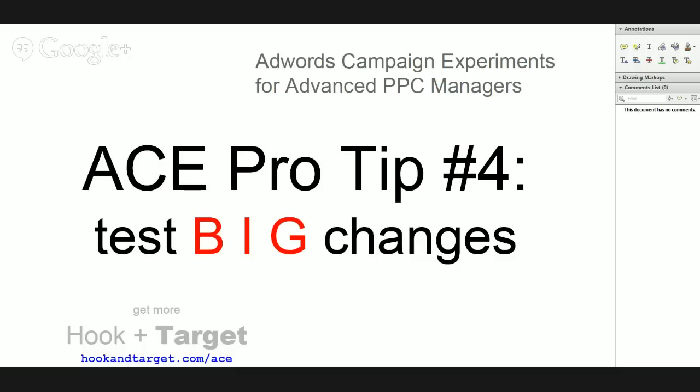I can test a bid that's way higher or way lower than my current bid. I can test placements that are more outside of the niche, and maybe hopefully they'll work. I can test going against common best practices.